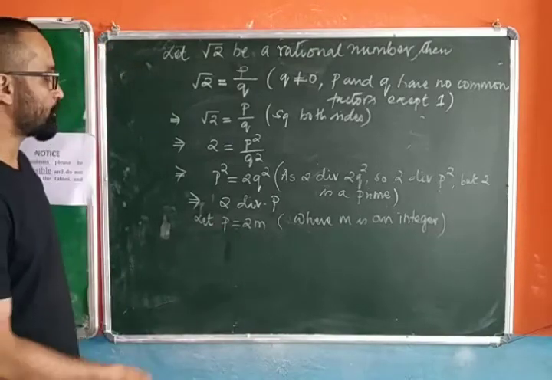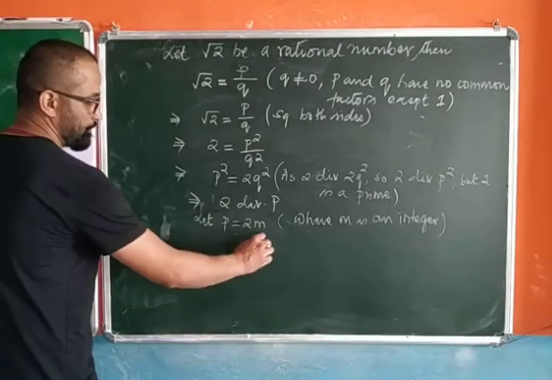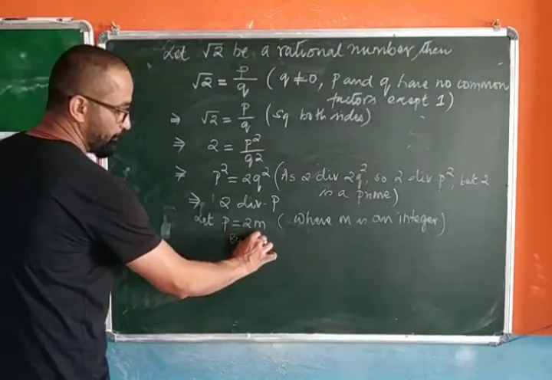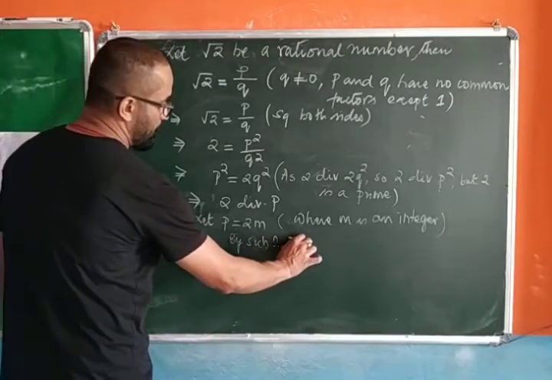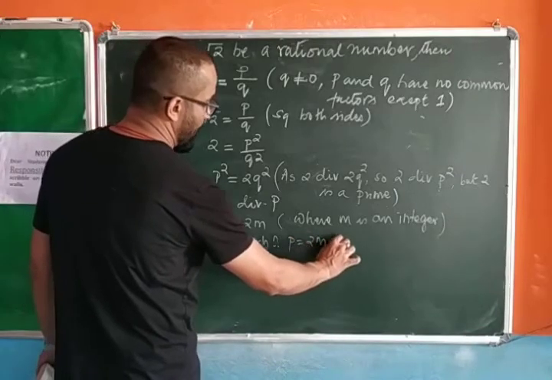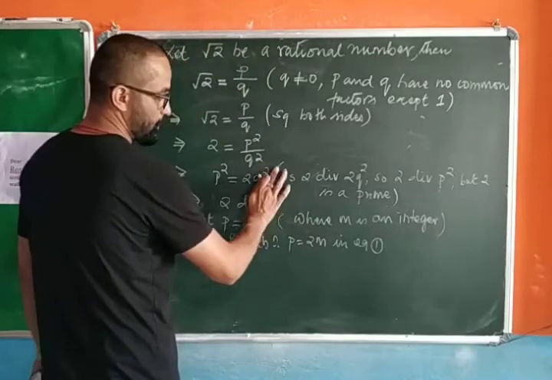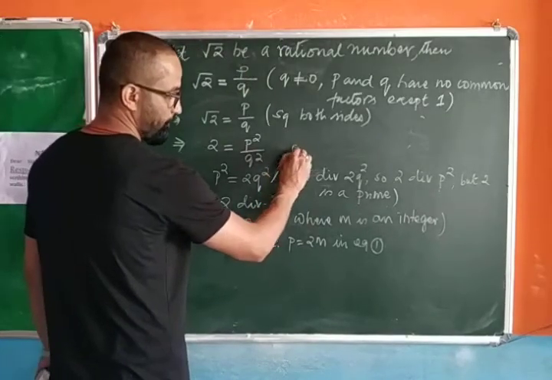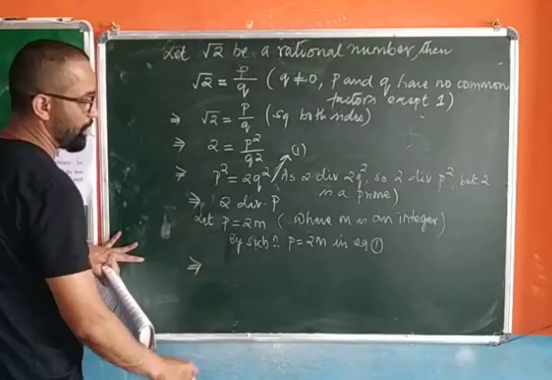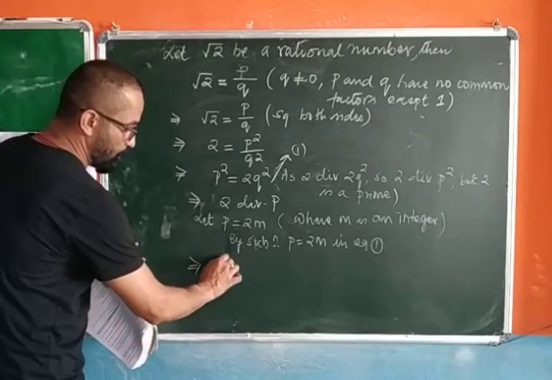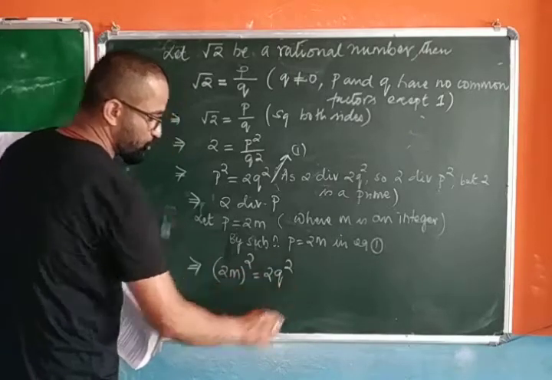Look at the calculation. Now we substitute p equals 2n in equation 1. Take this one as equation number 1. So we substitute here and we get 2n whole squared equals 2q squared.